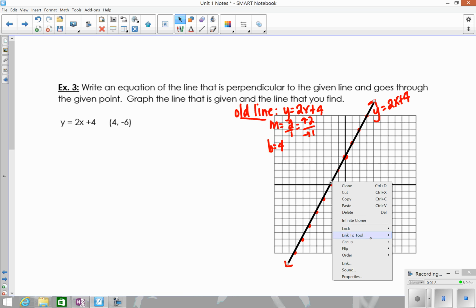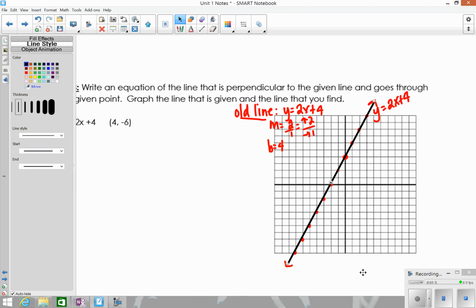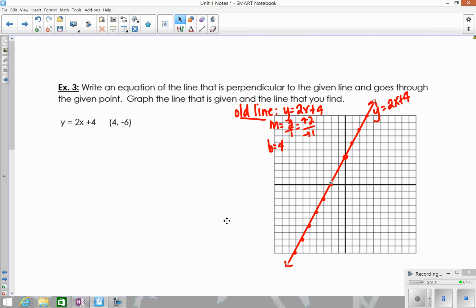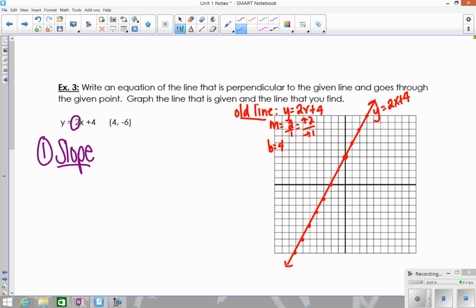So then what we're going to do is find the line that is perpendicular to this line that's passing through the point (4, -6). The first thing you have to know is the slope. Just like the parallel examples, you want to look at the slope of the old line. The slope of the old line is 2.